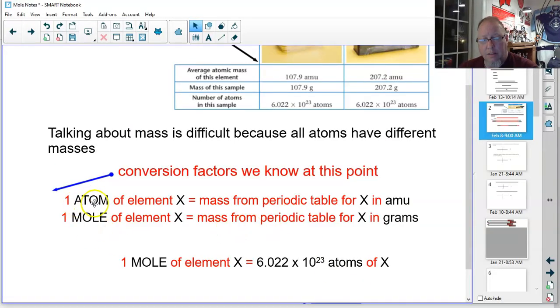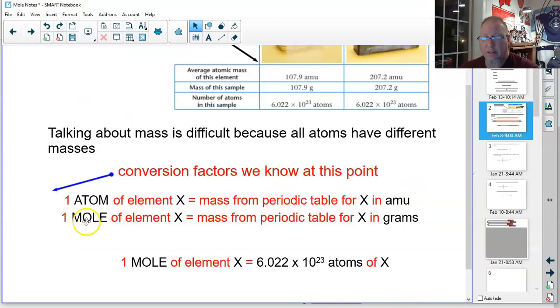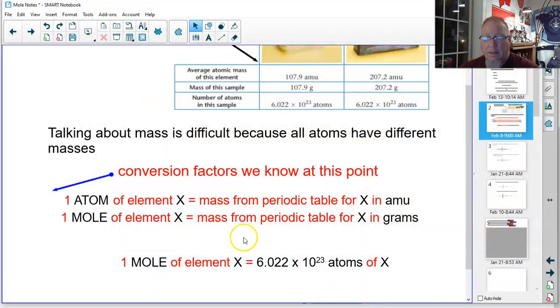And if I'm using this conversion factor right here, I just made 118 conversion factors. And if I am using this conversion factor right here, that's another 118 conversion factors. And then 1 mole of anything is always 6.022 times 10 to the 23rd. So that's a total of 237 conversion factors that you would need to know in order to do your homework for tonight.